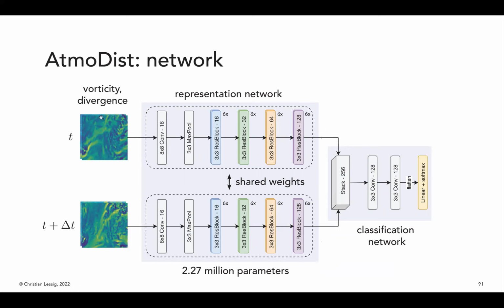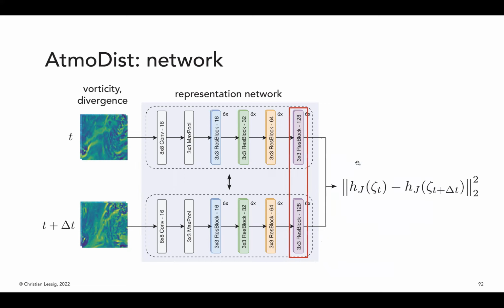We feed in vorticity and divergence at time t and some time later. And then we predict the temporal distance, which we hide from the network. And as I said, what we are interested in is the encoding of the network at the last block, because we can take the weights, and this is just a vector in R^n, and compute the distance based on these weights.